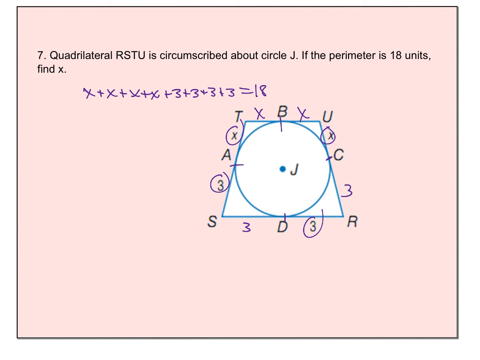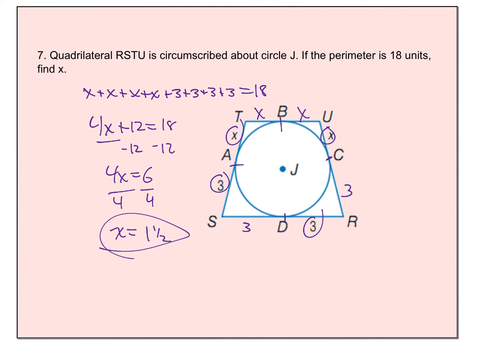Okay? So it's going to be 4x plus 12 equals 18. Subtract 12, 4x will equal 6. So x will equal 1.5. There's my answer right there. Because these are all tangent.